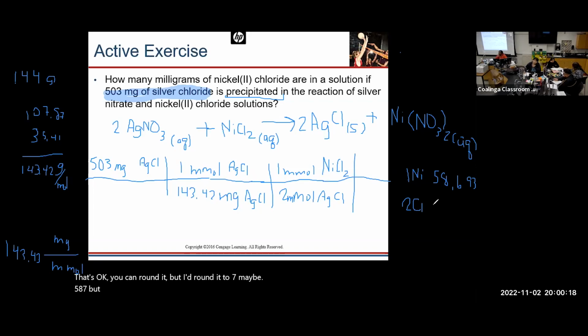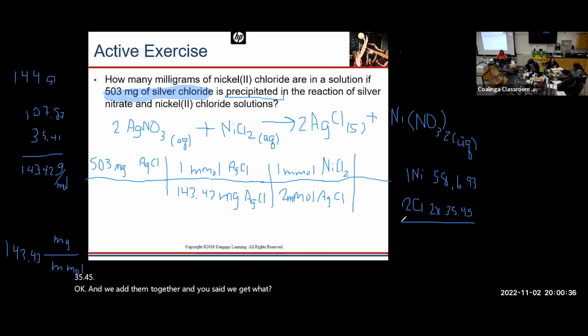And then for chloride we have 2 times 35.45. Add them together, you said you get what? 129.59.